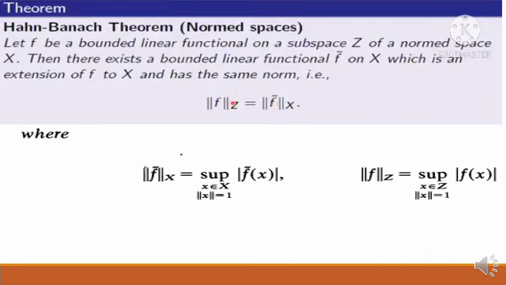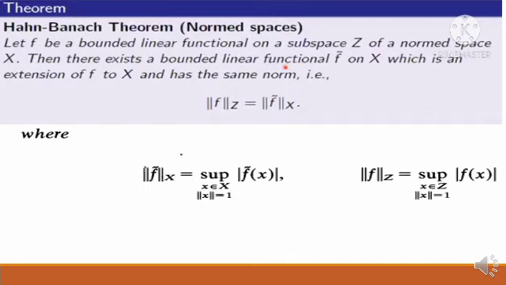This is very interesting because you see that we have a normed space X and a subspace Z and a bounded linear functional which is defined on this Z. The theorem says that corresponding to each bounded linear functional, there must exist a bounded linear extension.